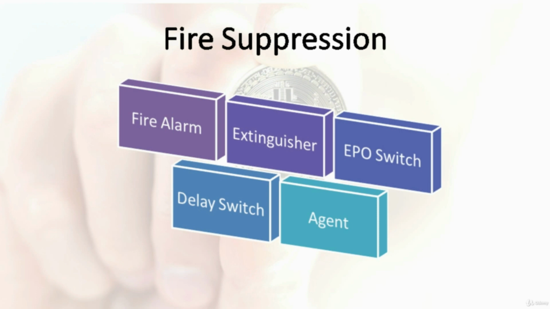Then there is the delay switch, which is a switch used to delay or cancel the suppressant dump in the case of a false alarm, or when personnel need more time to get out of the facility before the fire suppression system dumps the suppression agent. And lastly, of course, there is the suppression agent, and this is the material used to extinguish a fire.